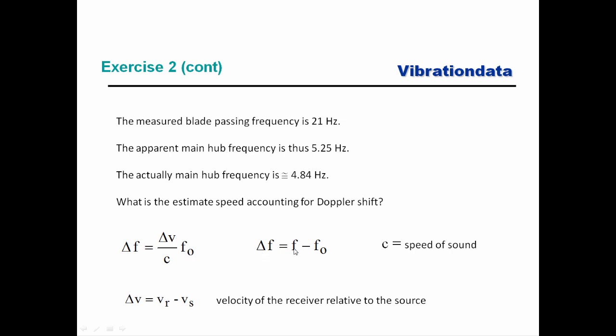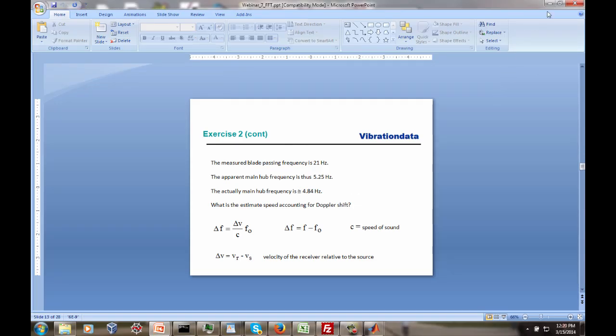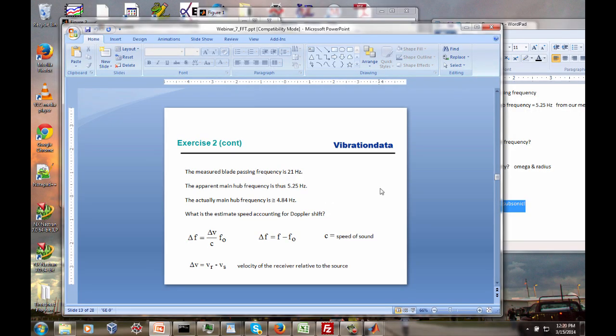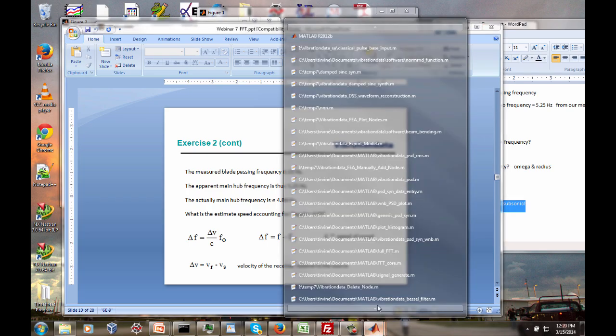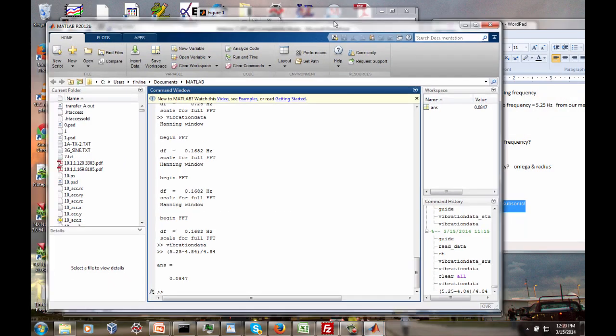So delta f is equal to the measured f minus the reference f. There are other ways we can rearrange this algebraically if we need to calculate the delta v, and that's a good homework exercise. But I'm going to show you right now a simple way of doing this, because we can go back to vibration data.